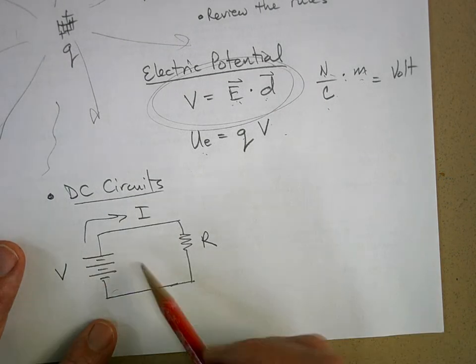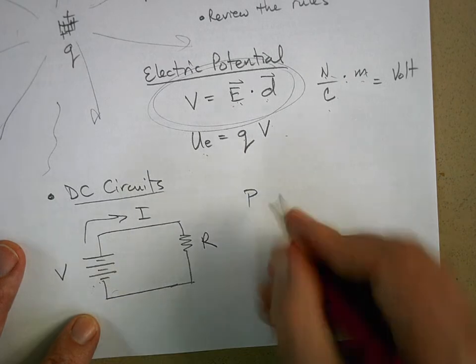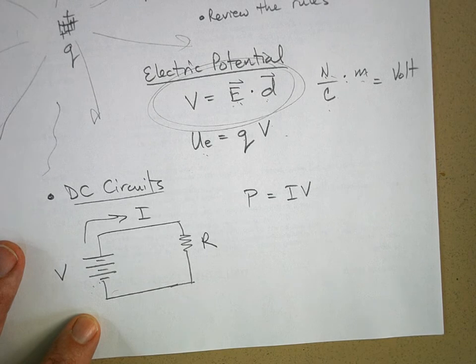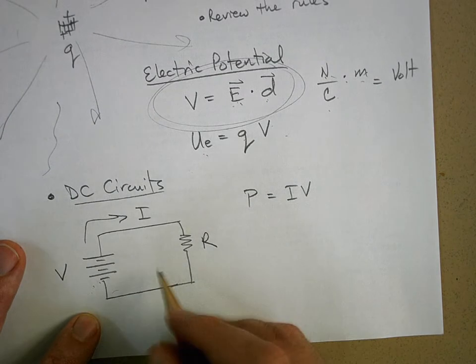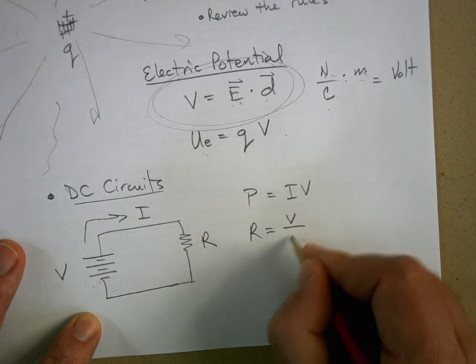We have two equations here. The power that this puts into a circuit is equal to current times voltage. And then resistance is defined to be the amount of voltage I need to get 1 amp of current to flow through something.